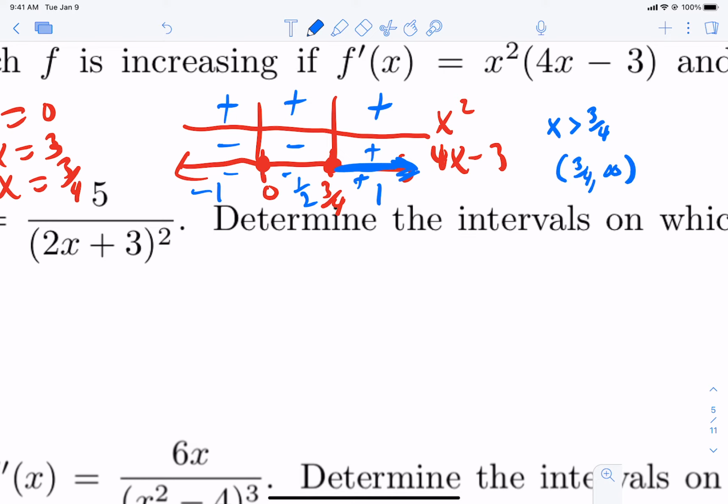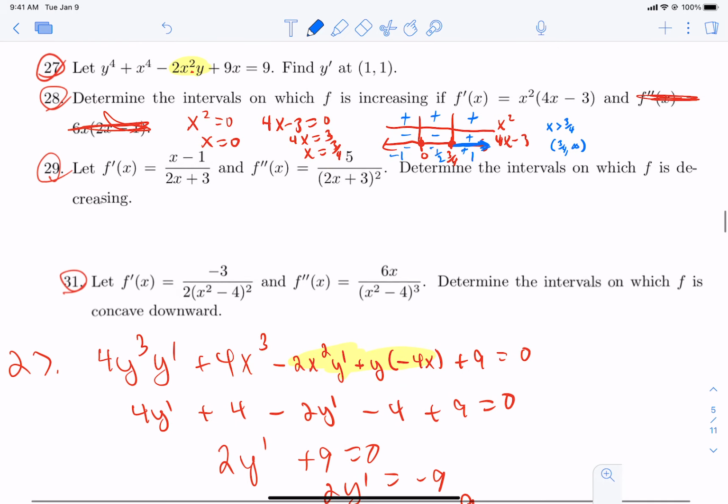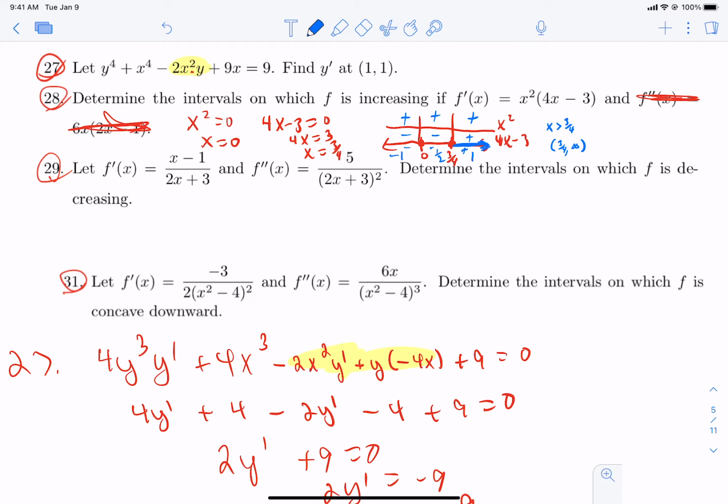Now you don't include increasing or decreasing with a bracket because we're not landing at that point, or that point is a switchover between the increasing and decreasing, so you don't have to include it in concavity, increasing and decreasing. You usually just use parentheses. Okay, any questions about 28, intervals of increasing? So if they wanted intervals of decreasing, we would be anything below 3/4.